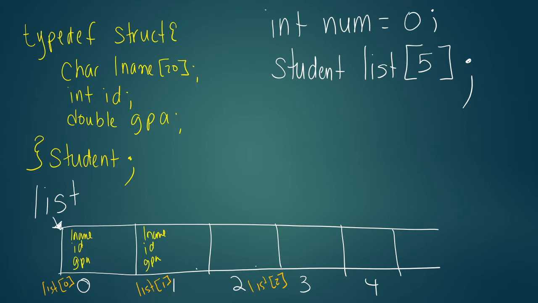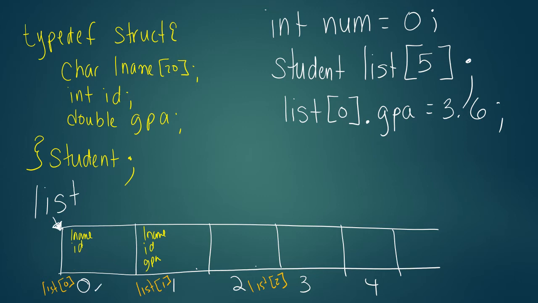So in order to put the GPA in there, I would just say list at index 0 dot GPA equals 3.6. So my program is going to locate list, go to index 0 of that list, and in the GPA field, it's going to put a 3.6.